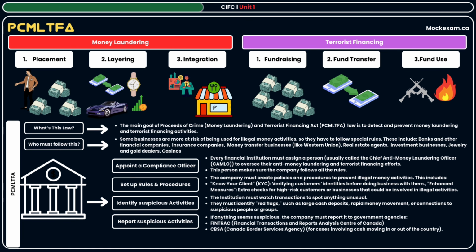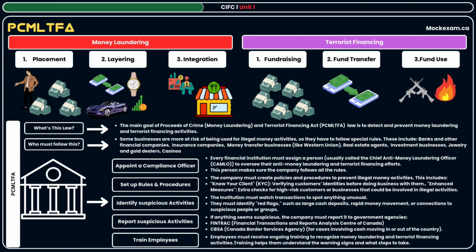The last responsibility of these financial institutions that follow PCMLTFA is training their employees. Okay. Employees must receive ongoing training to recognize money laundering and terrorist financing activities. Training helps them understand the warning signs and what steps to take.